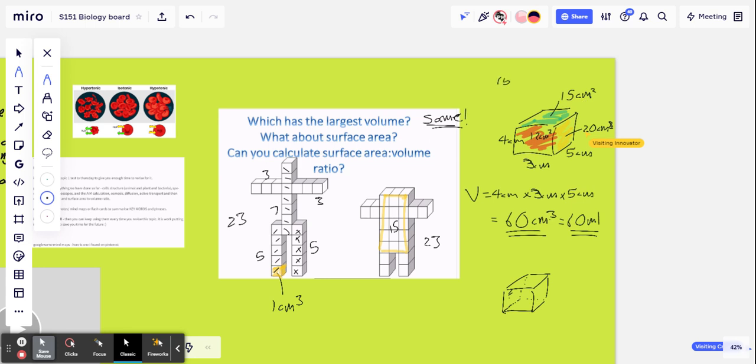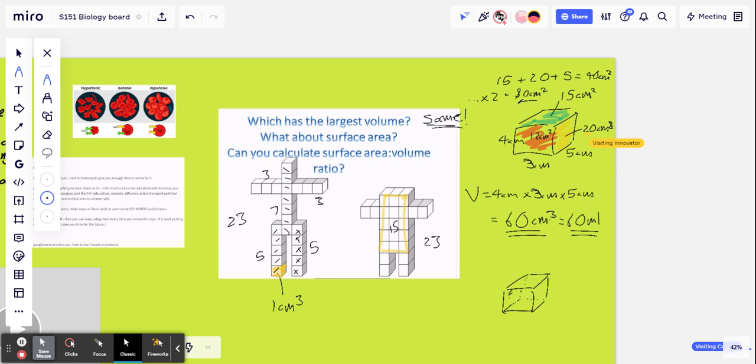So we've got the 15, the 20 and the 5, and altogether that's going to be 40 centimeters squared. Multiplied by 2, that is equal to 80 centimeters squared.